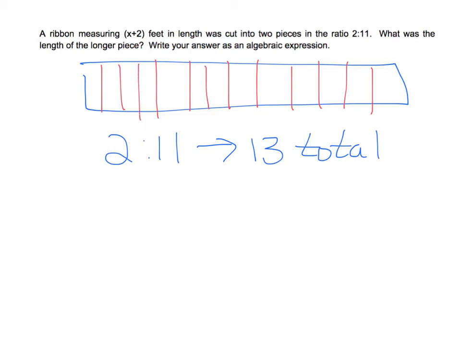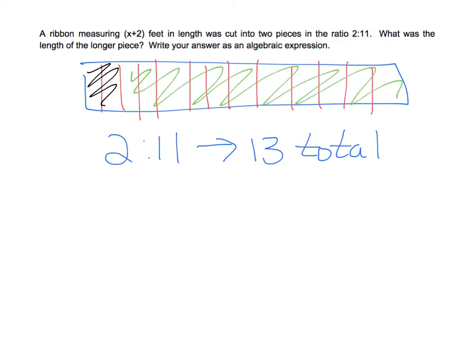So we have 13 pieces here. 2 of them would make up the short piece, and then the other 11 would represent the longer piece. So you have the short piece and the long piece, but a total of 13 pieces.